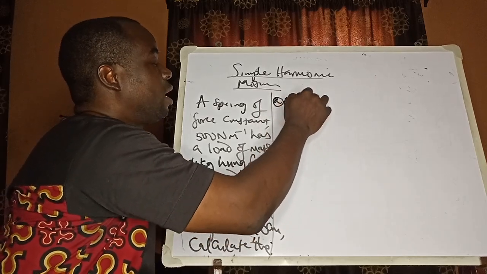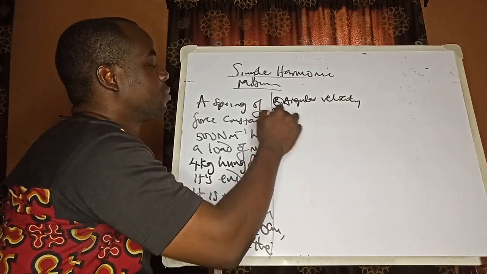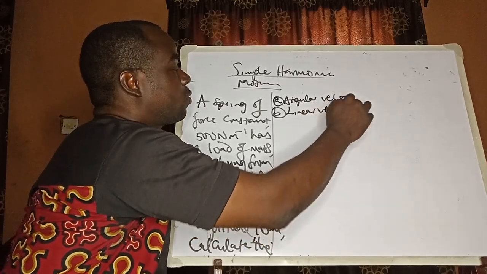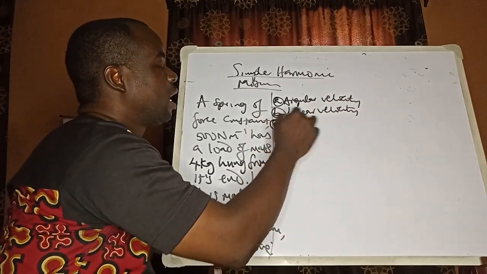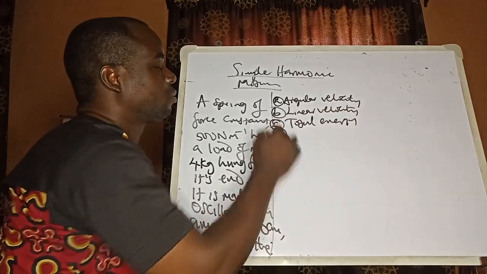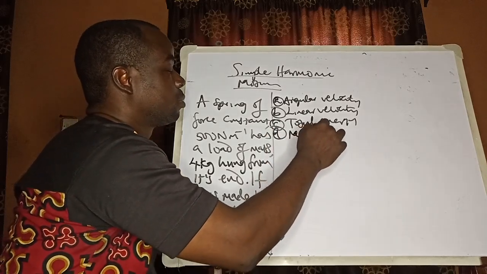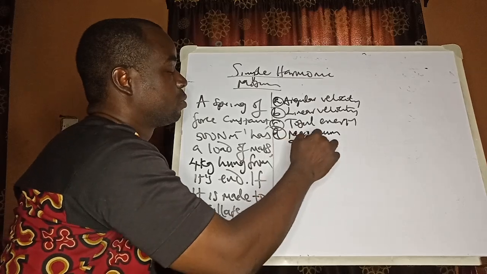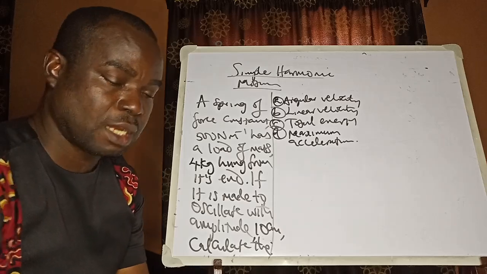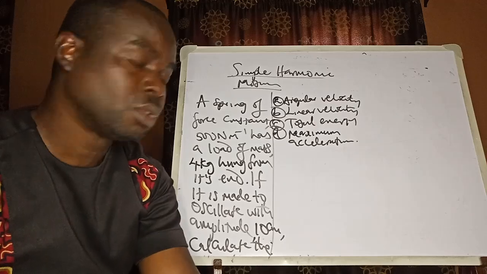Let's solve for angular velocity, linear velocity, total energy, then maximum acceleration. So let's quickly look at this question and then round off the topic. Then you can go to your textbooks and solve questions using the formulas I've given you. Now let's begin.